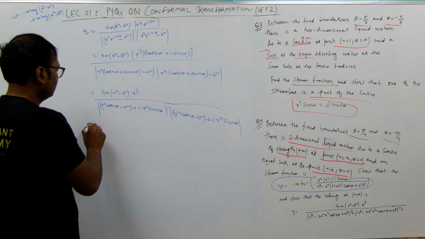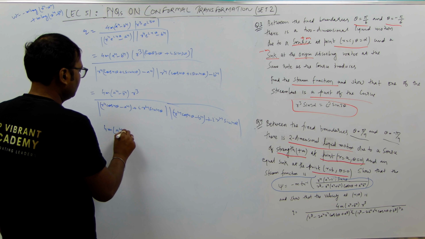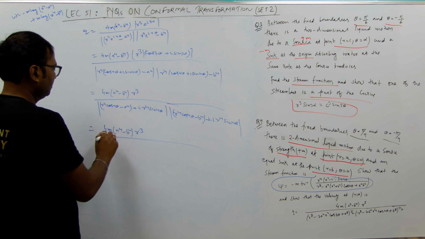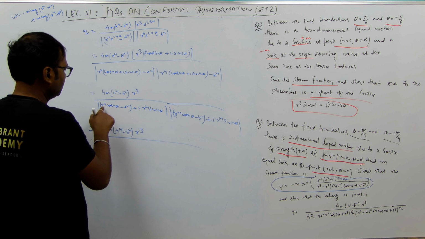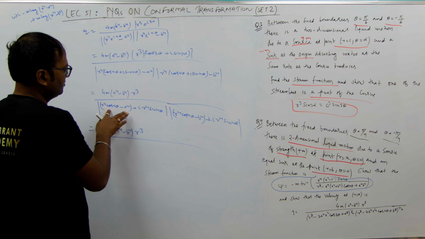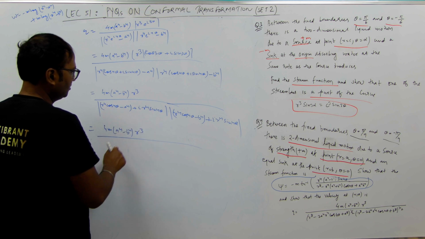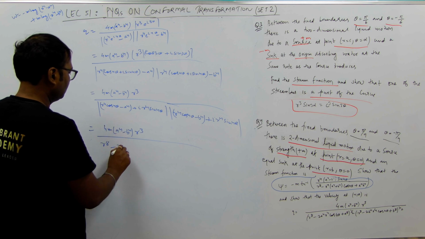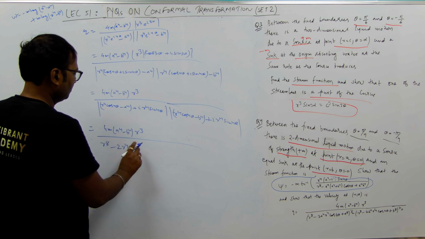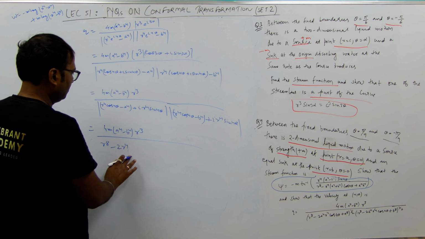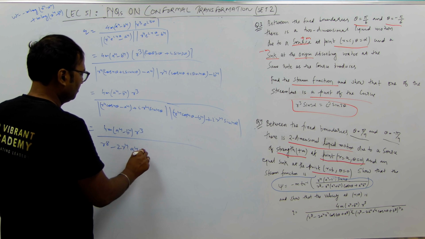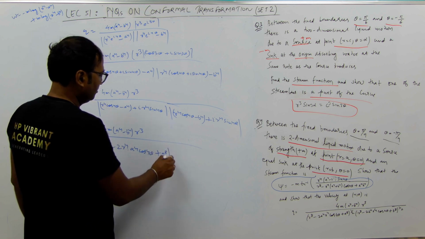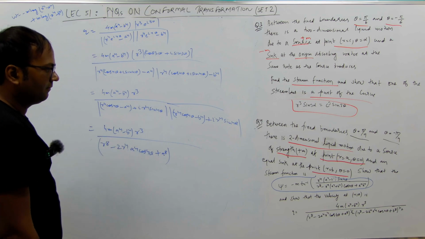So we have 4m (a^4 - b^4) into r^3 upon, this is r^8 cos^2 4 theta, (r^4 cos 4 theta - a^4) whole square, so this is square and this is square. So this is r^8 minus 2ab, so 2 times r^4 a^4 cos 4 theta, plus a^8, whole to the power 1/2.